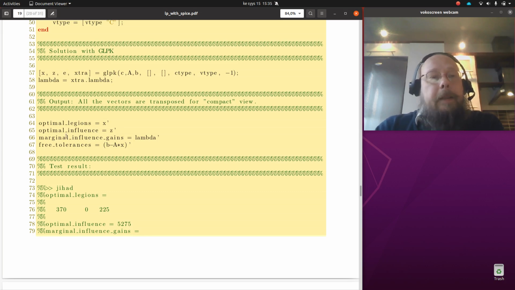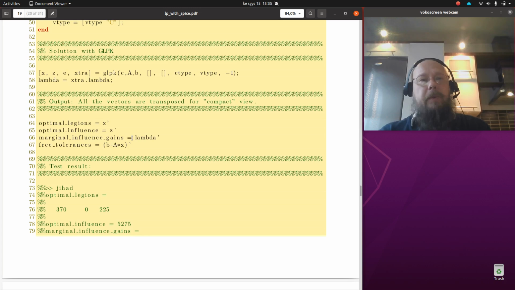And then marginal influence gains. This will be the shadow prices lambda. Same thing, I transpose it. And this also somehow explains why the shadow prices are also called marginal prices. It gives the marginal influence, so the influence on the margin.